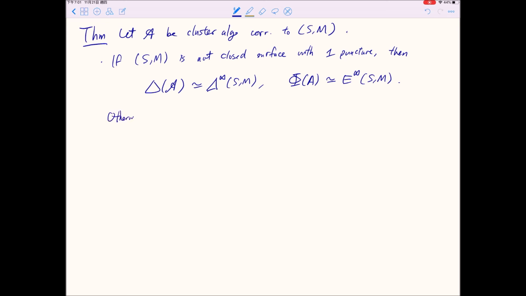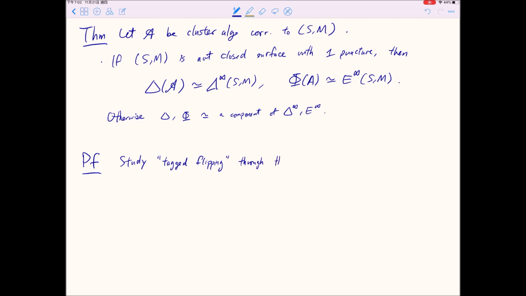And otherwise, we know that the tagged arc complex and the exchange graph have two isomorphic components, then the data will correspond to either component of the tagged complex. So as I mentioned, the proof of this comparison really is to study or define the tag flipping through the use of Griffin mutation.